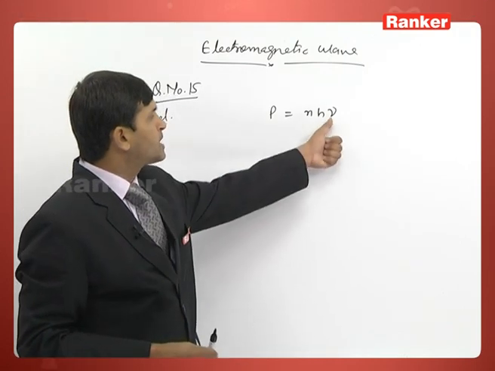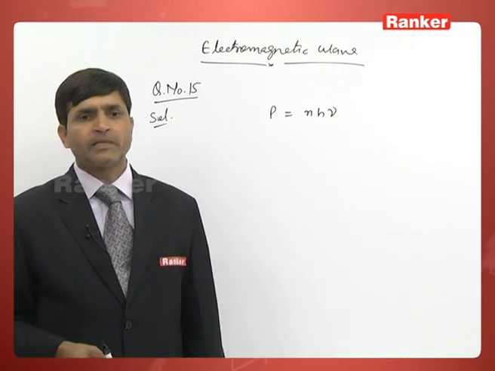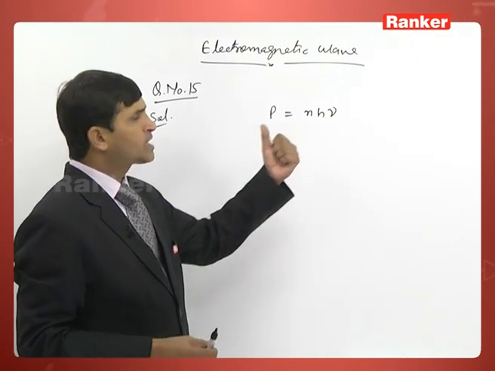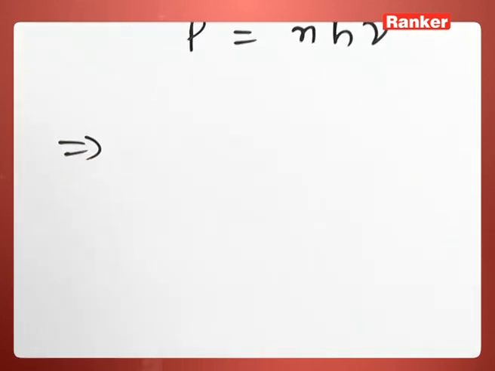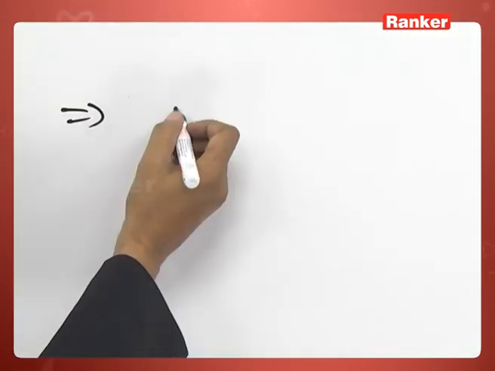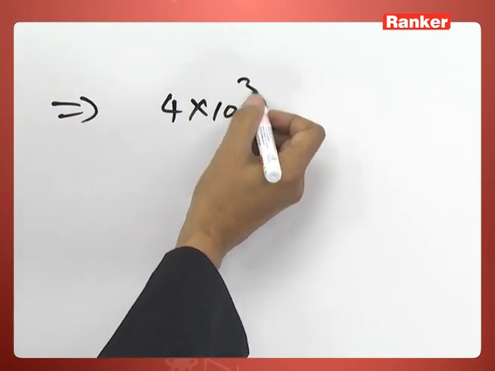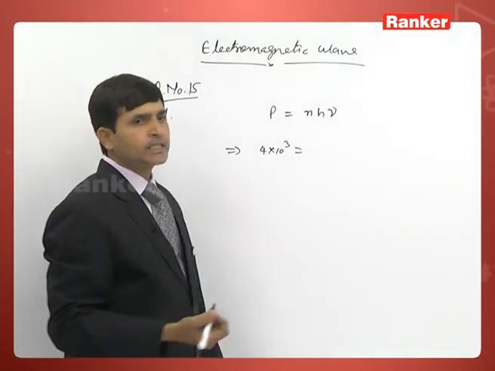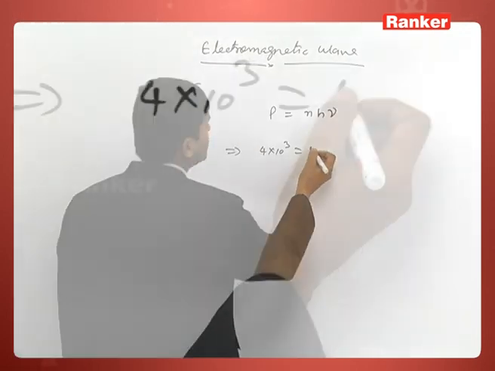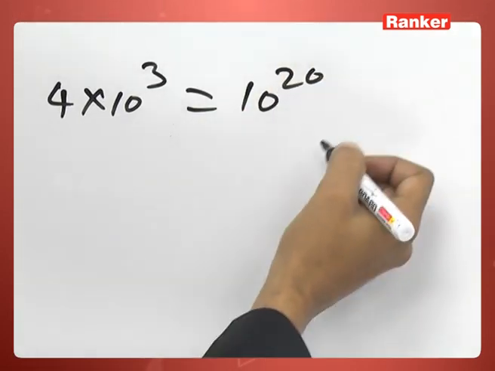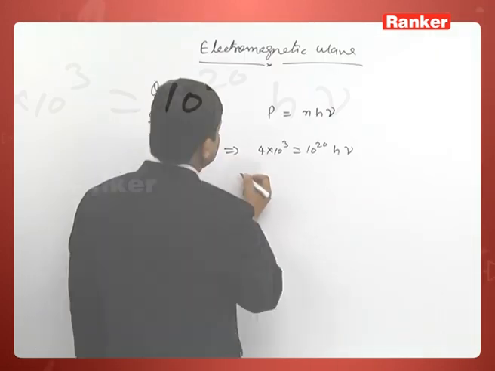So we will find the value of nu. From that we can get which type of radiation this is. The power given here is 4 kilowatt, so 4 into 10 to the power 3, and the photons emitted per second are 10 to the power 20, and h nu.